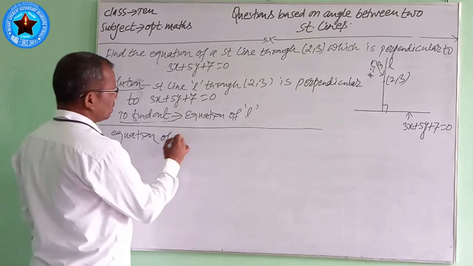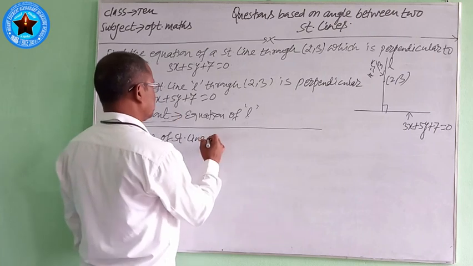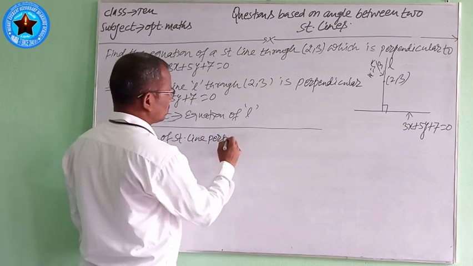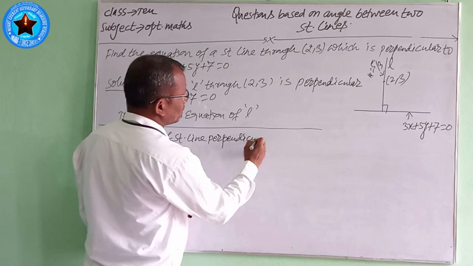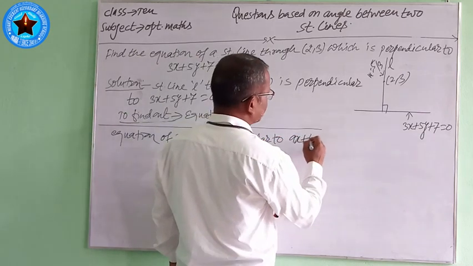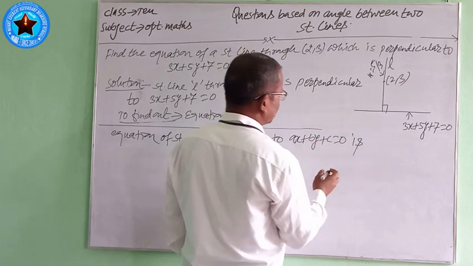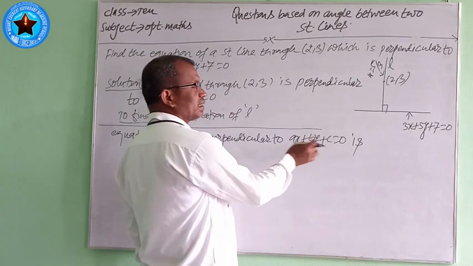The equation of a straight line perpendicular to ax plus by plus c equals 0 is found by interchanging the coefficients of x and y.